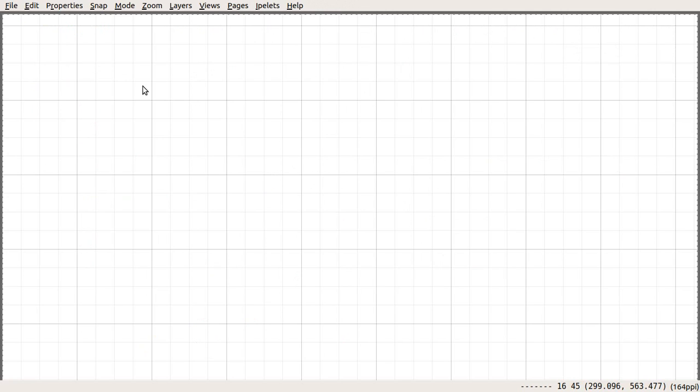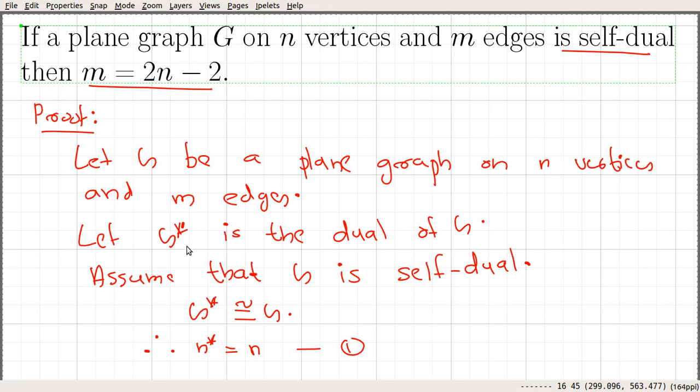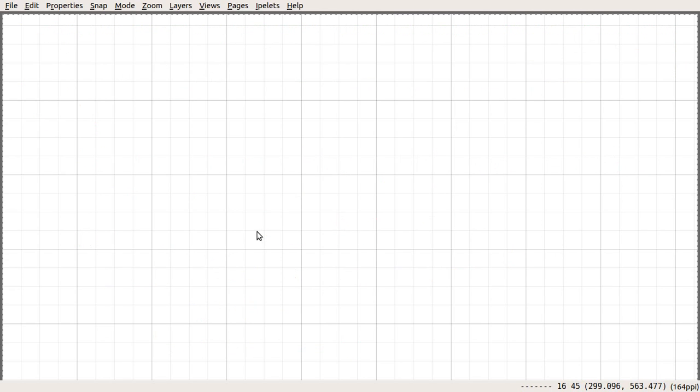And since G star is the dual of G, that is what we assumed here. Since G star is the dual of G, the number of vertices in G star is equal to the number of regions of G. That's how we define the vertices of the dual graph.